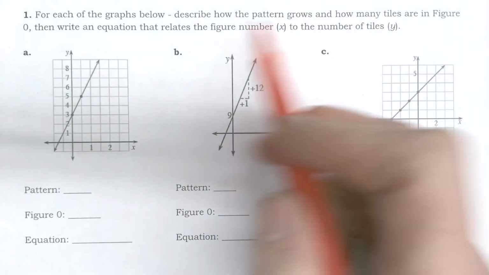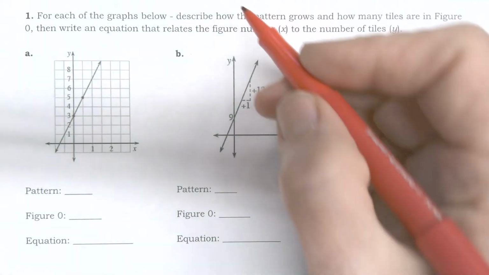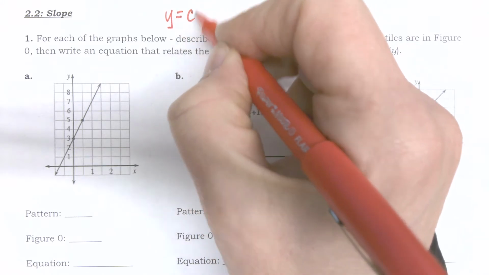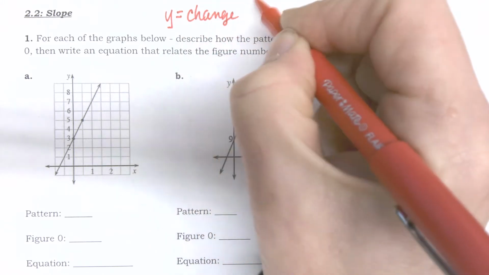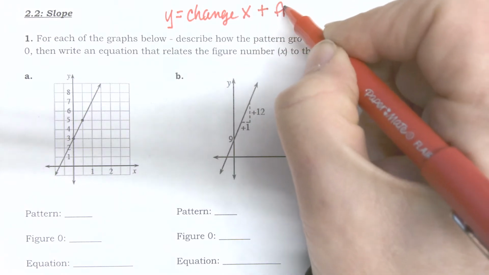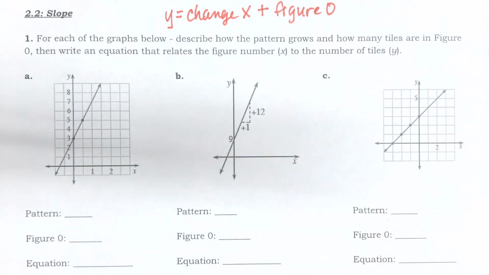Remember, that equation looks like this: y equals change times x plus figure 0, or the number of tiles in figure 0.